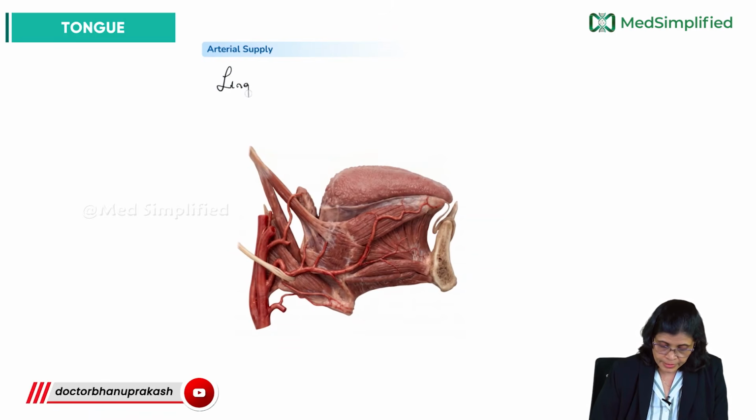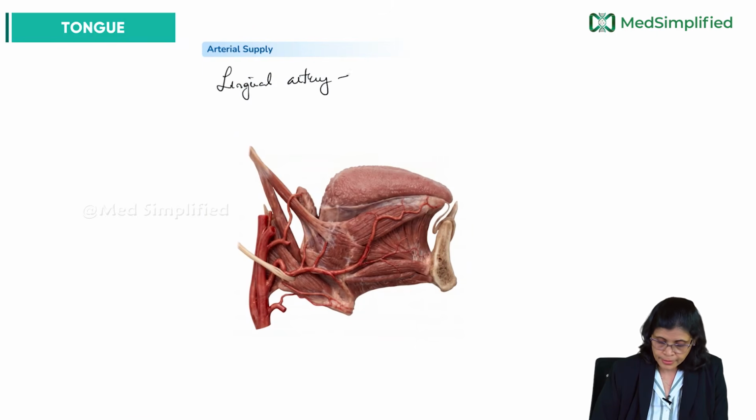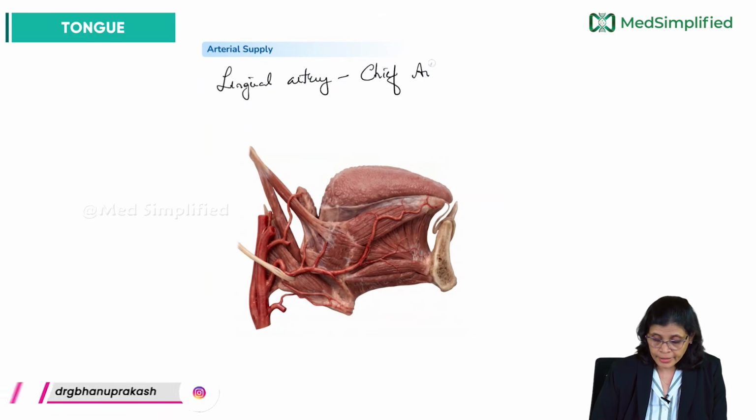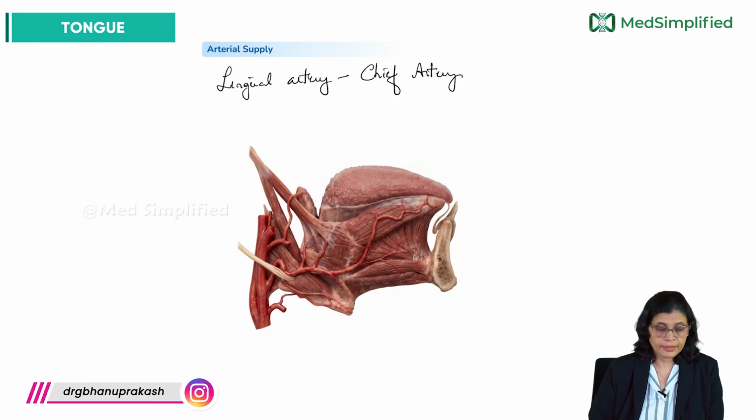Okay, so the lingual artery is the chief artery of the tongue. It is the main artery, and its branches will be supplying the tongue.